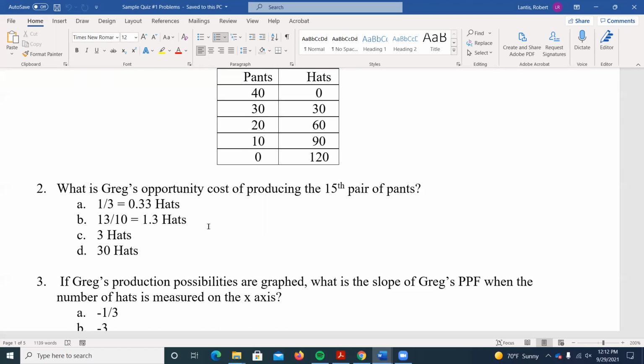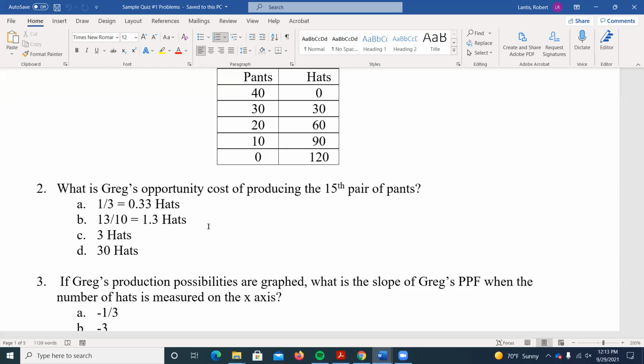I could plot the rest of these points. The other combinations I gave you, we only ever looked at situations with a straight, linear curve. I'm never going to have it disjointed. I'm just giving one person's production possibilities frontier, so an important point is plotting the points on your x and y axes.